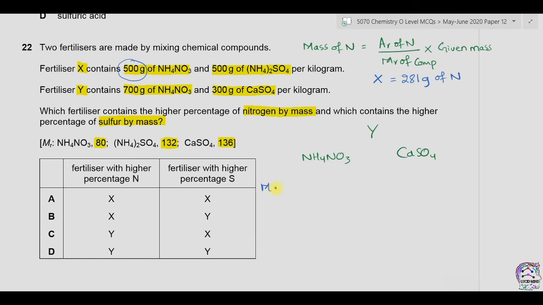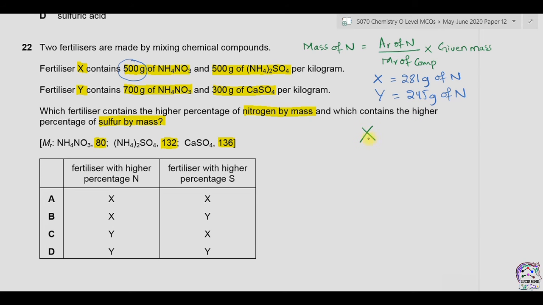So the mass of nitrogen will be, as there are 2 nitrogen atoms, so we have 28 divided by the molecular mass, which is 80, into given mass, which is 700. In calcium sulfate, there is no nitrogen atom, so we cannot find the mass of nitrogen. So the mass of nitrogen comes equal to 245 grams. So in Y, we have 245 grams of nitrogen.